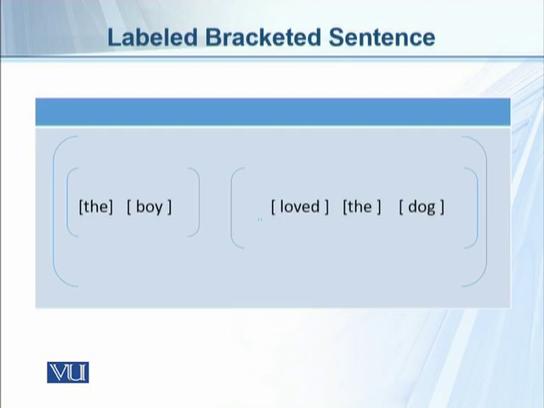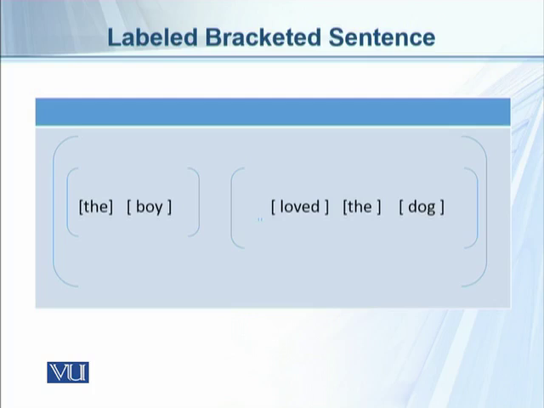Then we come to the next phrase, "loved the dog". This is a verb phrase. First we have the verb "loved" and we have put a bracket around it. Then we have "the dog", a noun phrase, and we have put a bracket around each word, each constituent. So in this example of diagramming, you can see that each constituent is diagrammed.